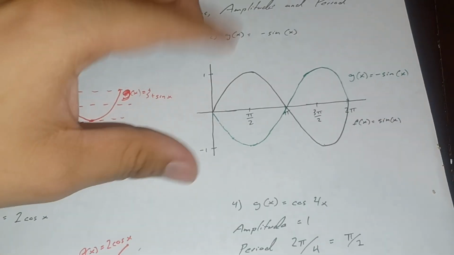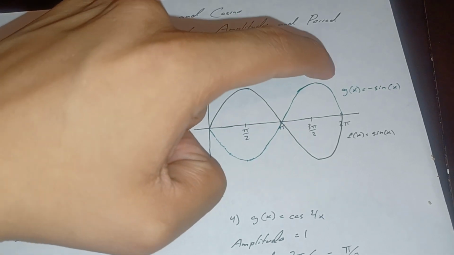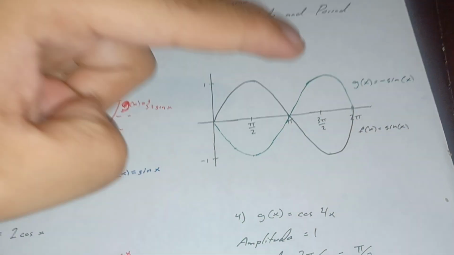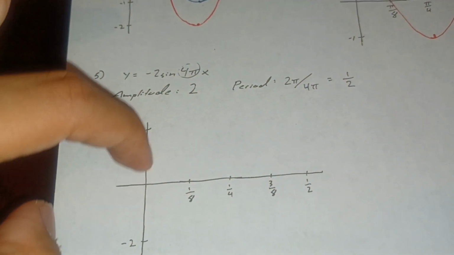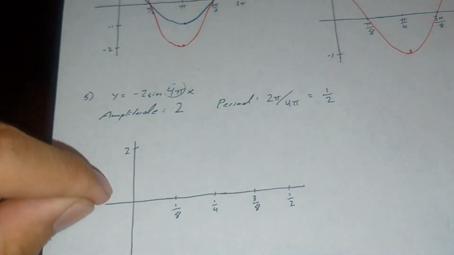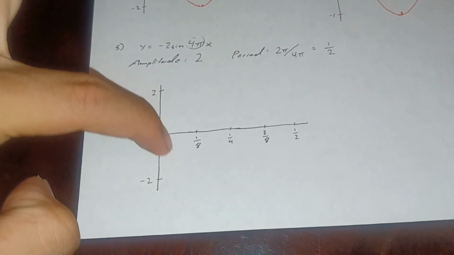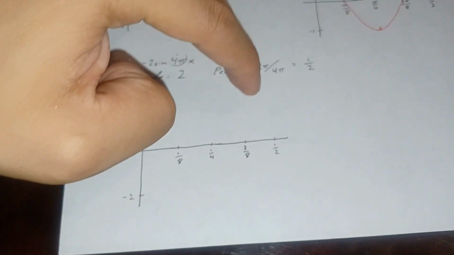So negative, again, just how we did in this example, we're going to reflect it across the x-axis. That is going to be how your negative sine function is going to look like. So right here, this is our normal sine function, right? It goes something like that. But in this case, we're going to reflect it across the x-axis. So it will look something like this.